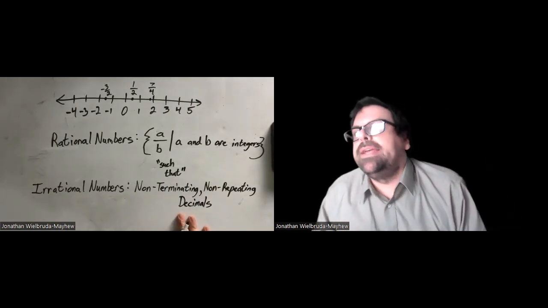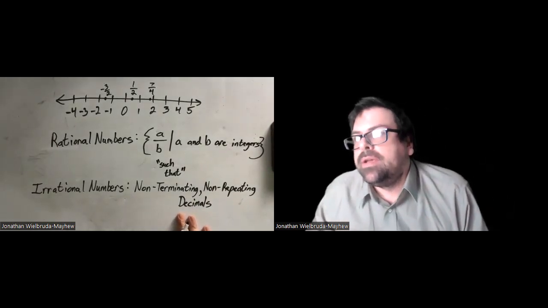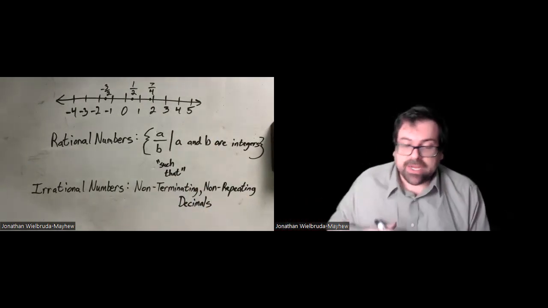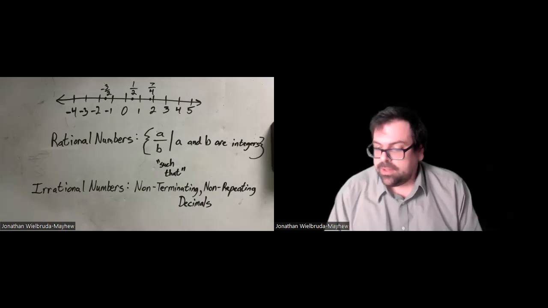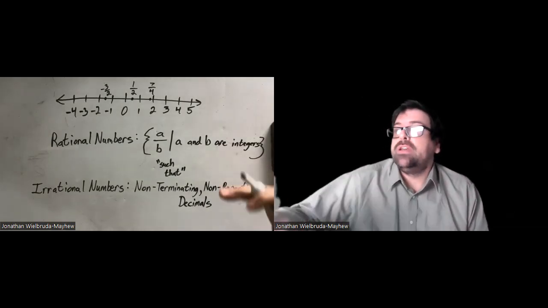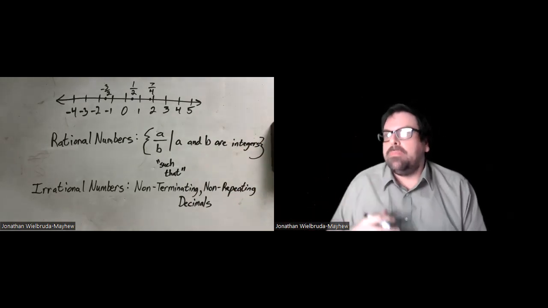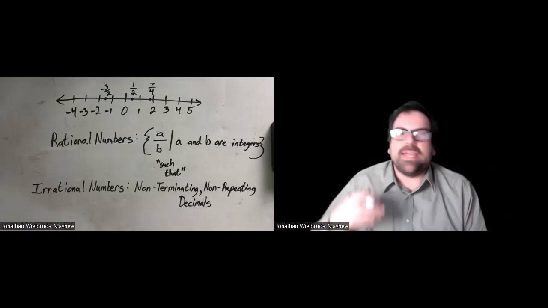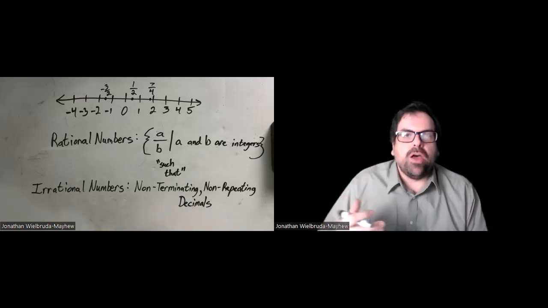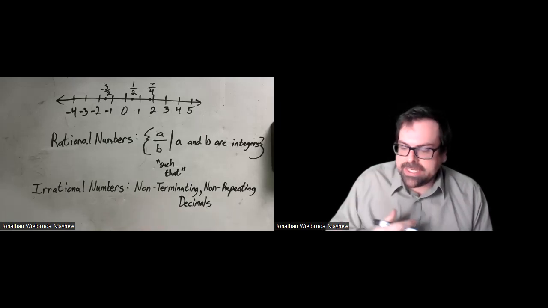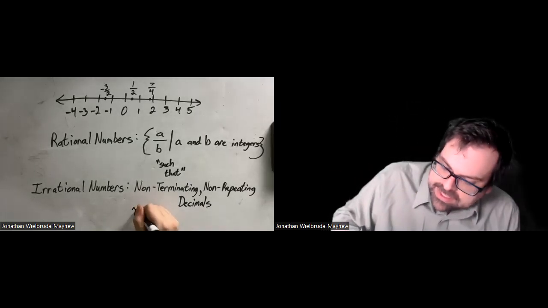Non-terminating and non-repeating decimals. If we have a decimal number that terminates, it can be written as a fraction. It's rational. If we have a decimal that repeats, it can be written as a fraction. It's rational. But if we have a decimal that's non-terminating and non-repeating, it cannot be written as a fraction. It is irrational. For instance, pi.